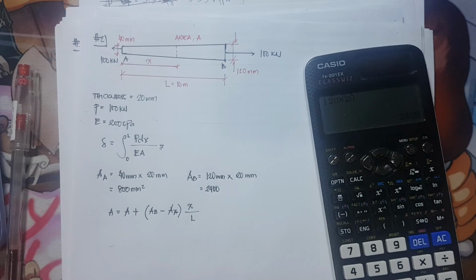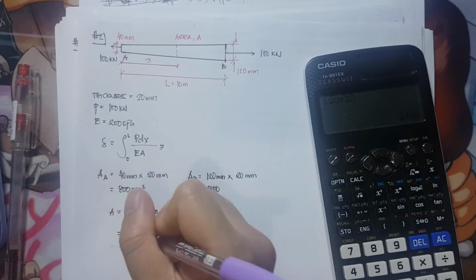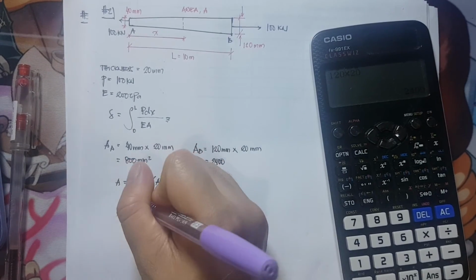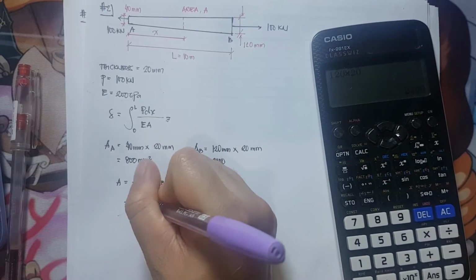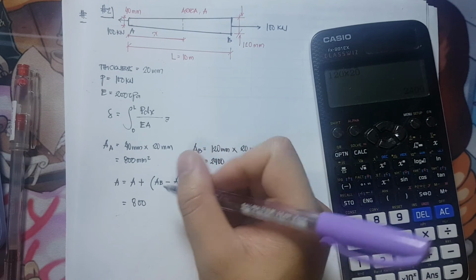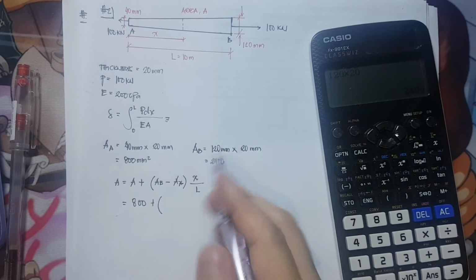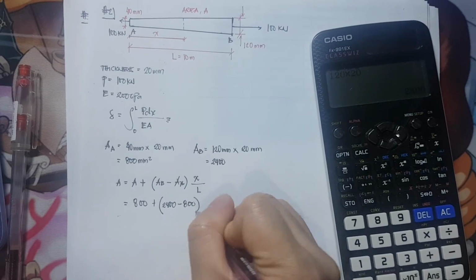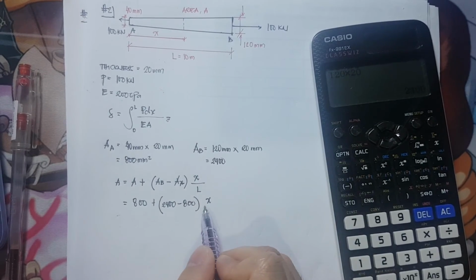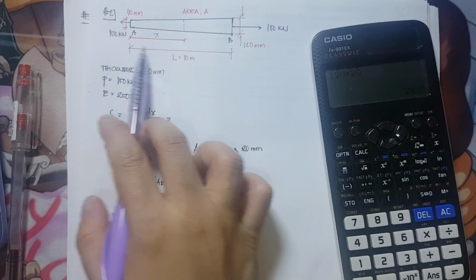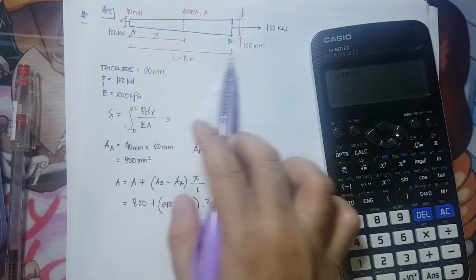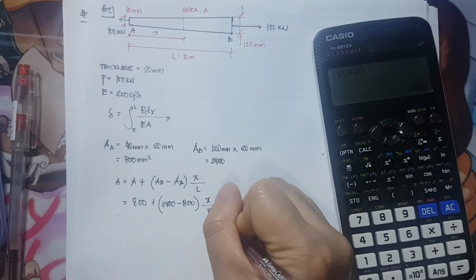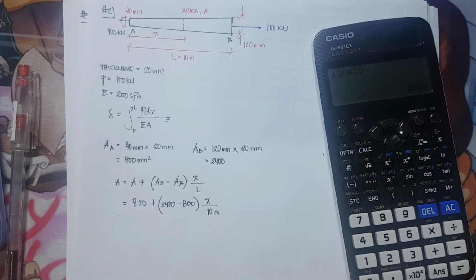Substituting the values, we have 800 plus 2,400 minus 800 times x, divided by the total length of 10 meters.